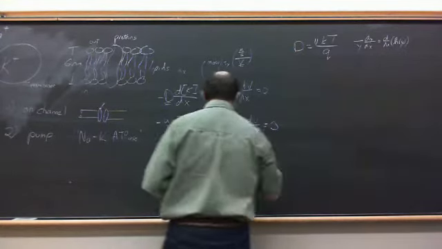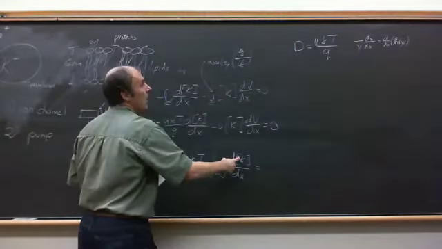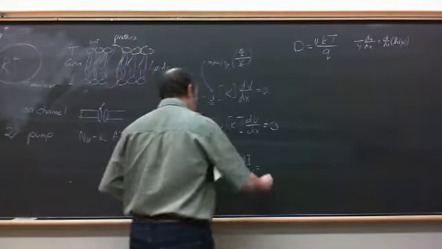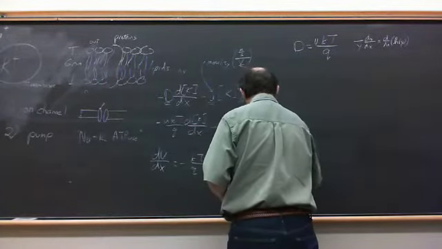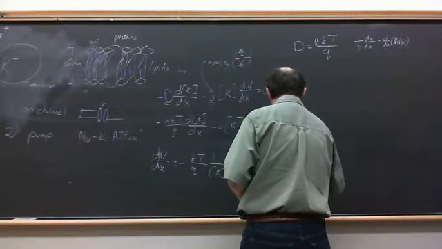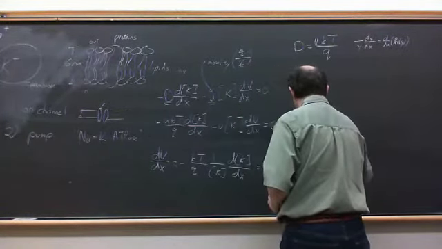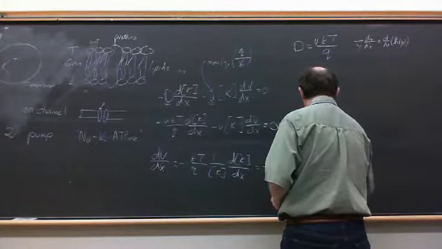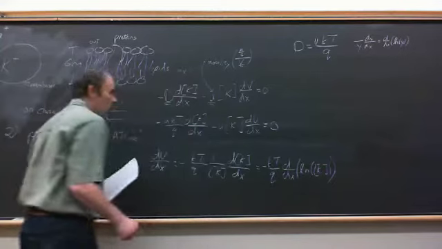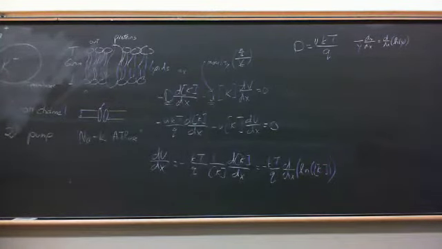The y is like the K, there's the x. You get minus kT over q, and this would now be d/dx of the logarithm of K. Okay, we're getting there.